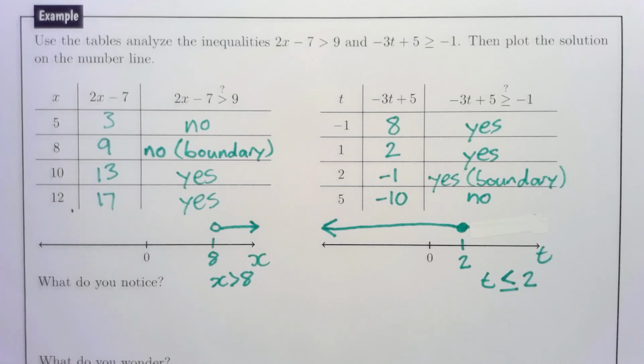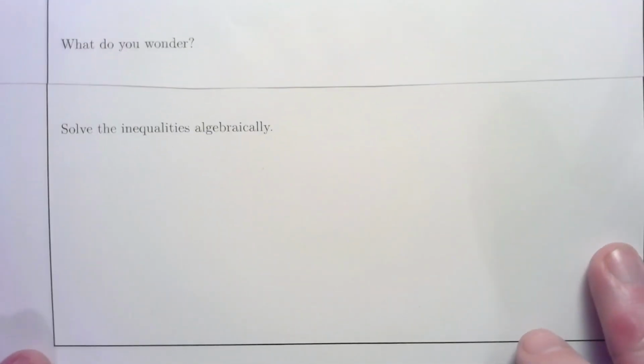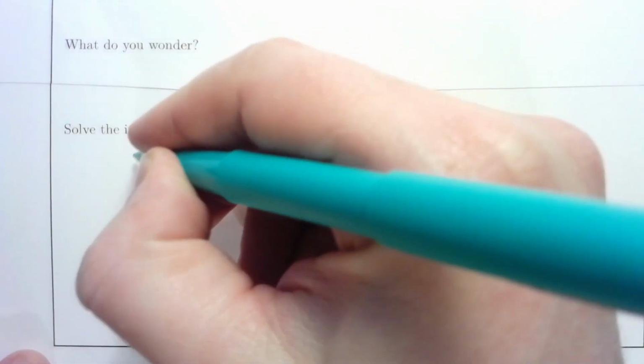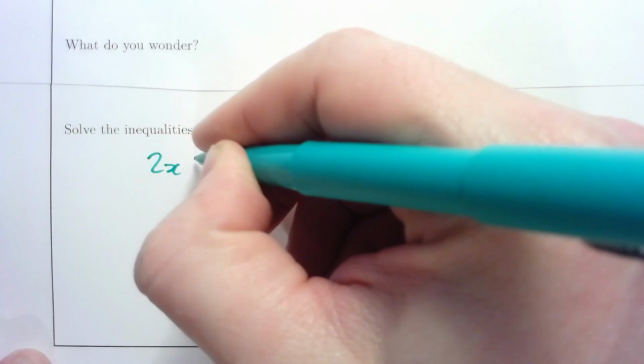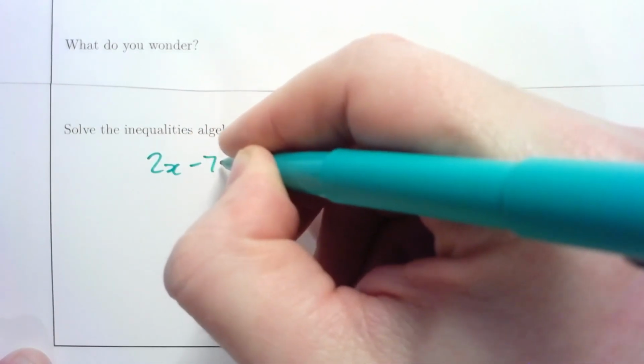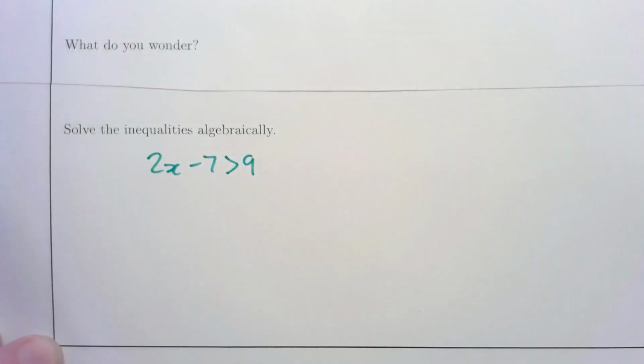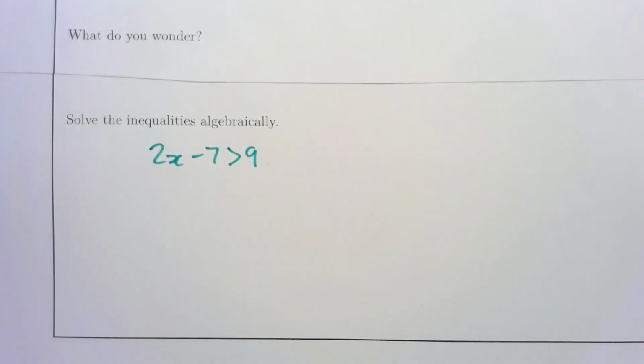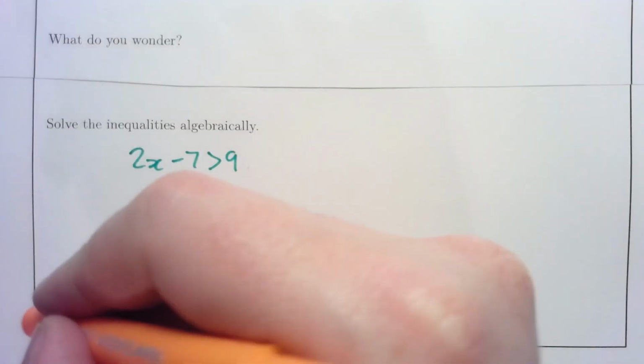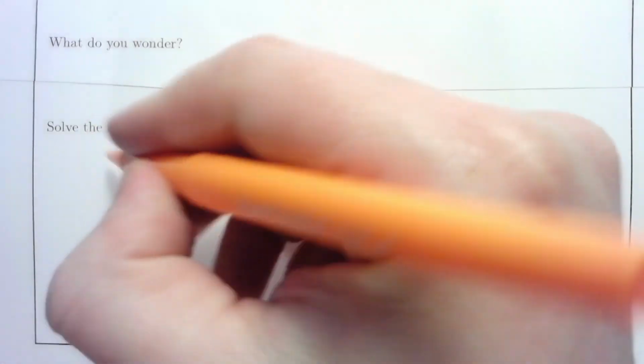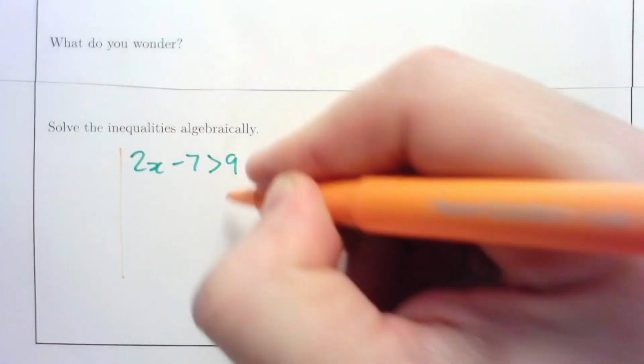Let's look at how we could actually solve these inequalities, not by creating a table and analysing it solution by solution, but let's actually use some algebra to get to the solution directly. So, if we have the same inequalities as before, so 2x minus 7 is greater than 9, we're going to take the same approach we would take if this were an equation.